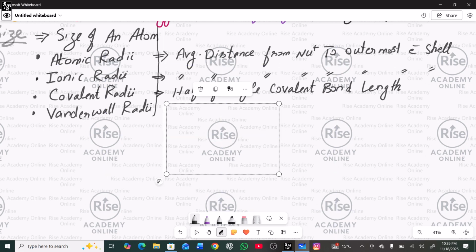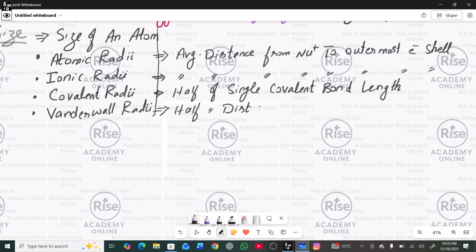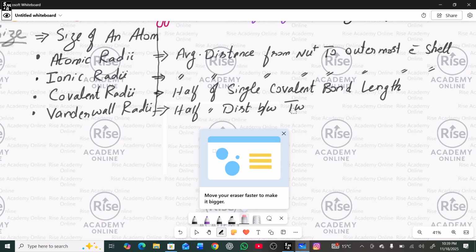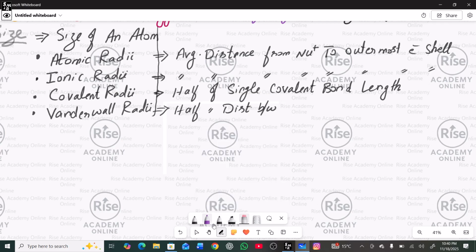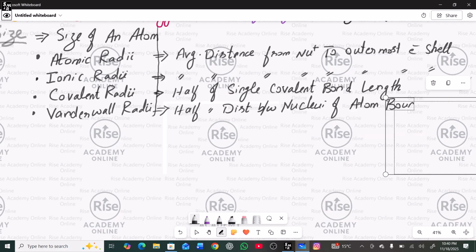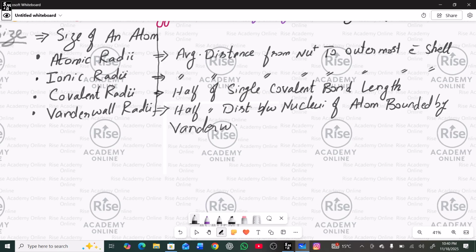And van der Waals radii is actually half of the distance between nuclei of atoms bounded by van der Waals forces.